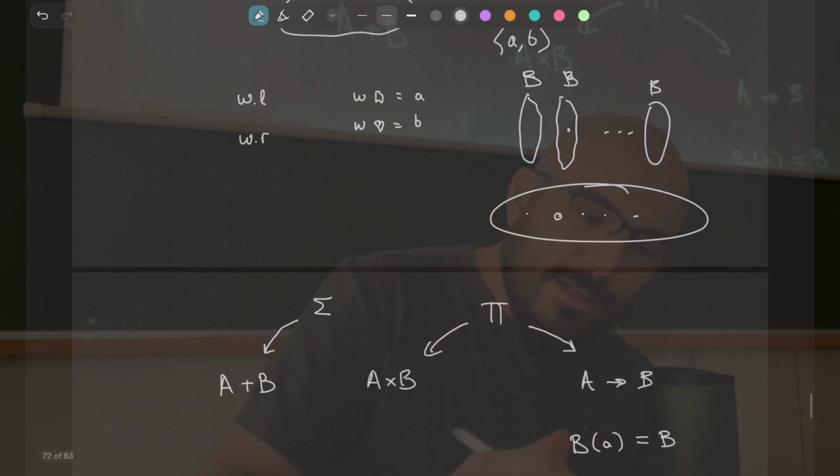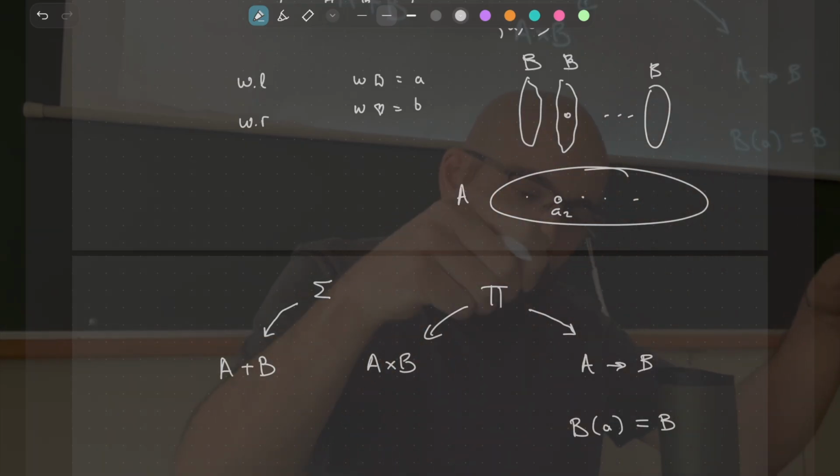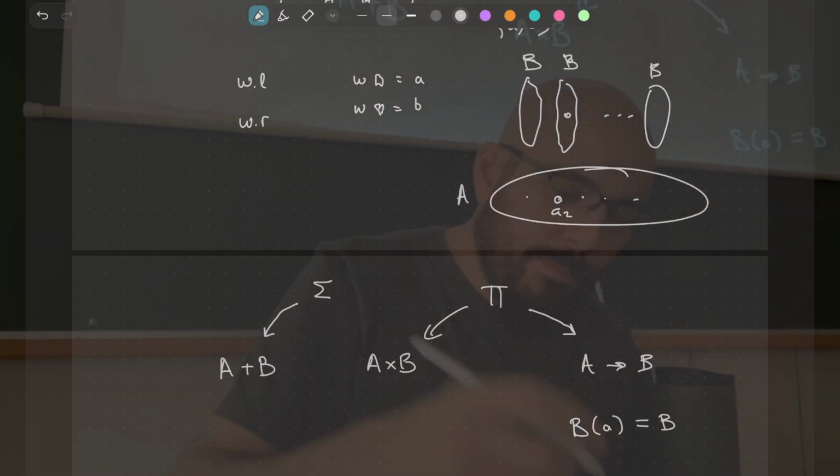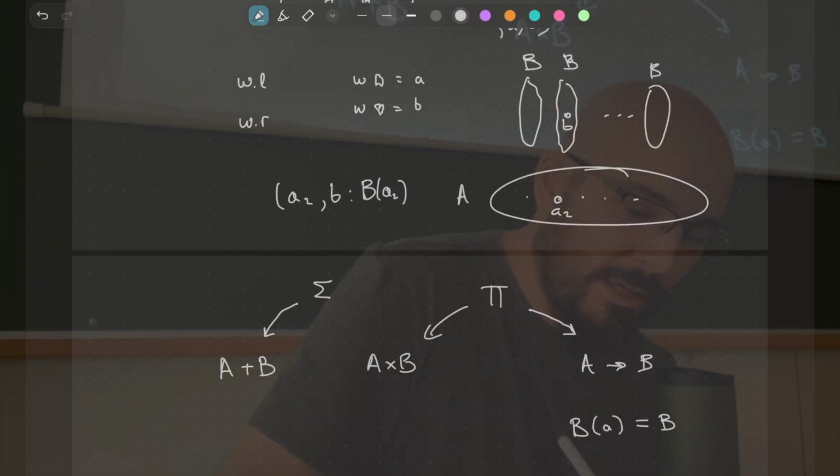Let's play around. This is A, right? Okay, I will take A2 together with this thing. In essence, the element of the sum type was A2 together with this B here, which was an element of B of A2, but B of A2 doesn't really vary, it's just B.